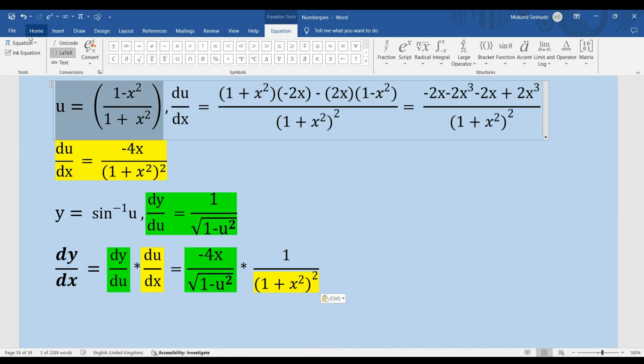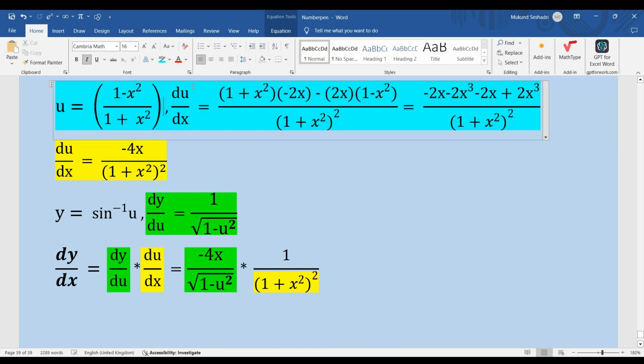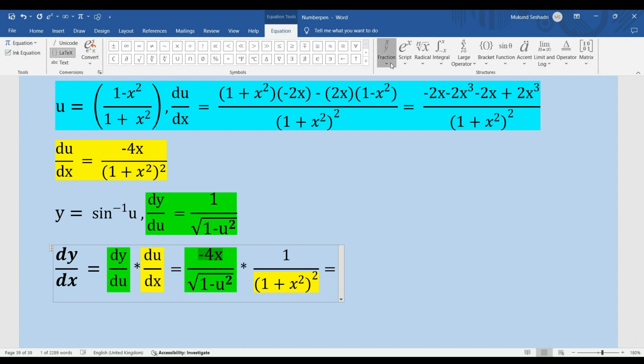So I'm going to highlight this in turquoise, and then I'm going to put back my u in the form of x, right? So let's see what we get. I have a 4x in the numerator.